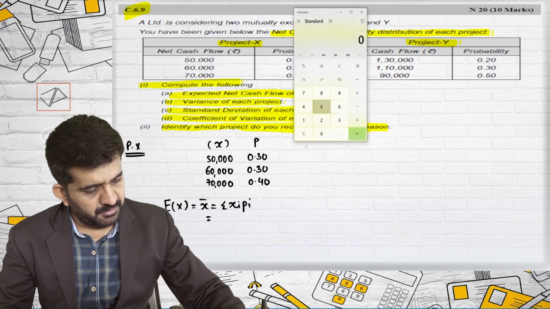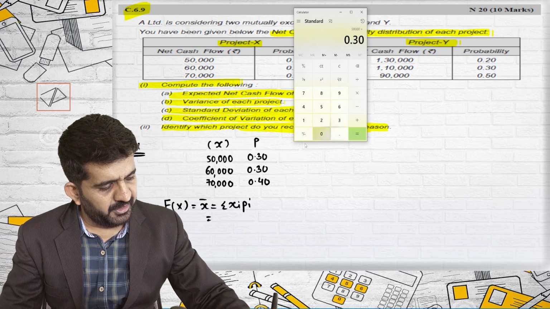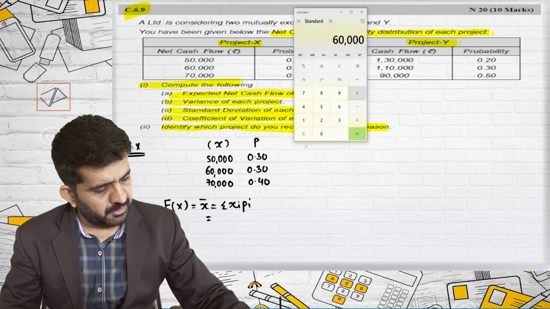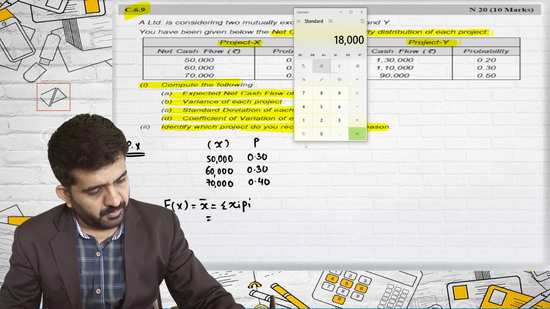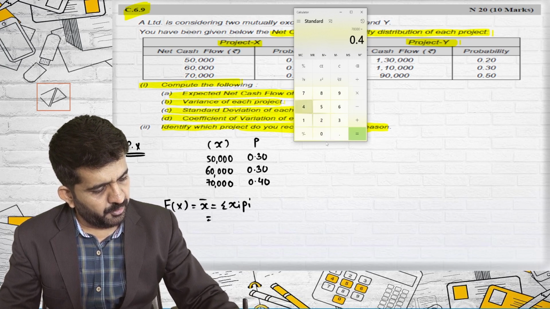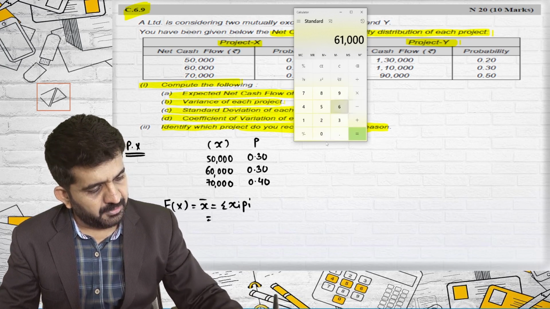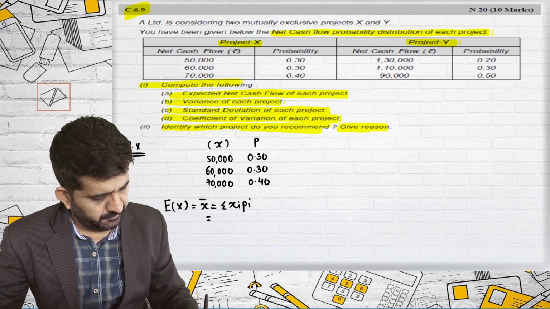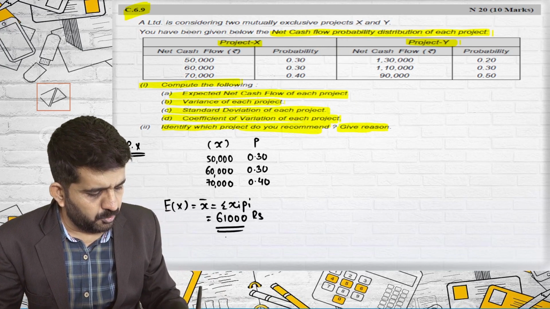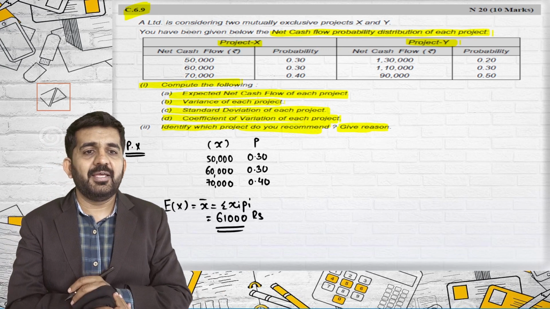So 50,000 into 0.3 plus 60,000 into 0.3 plus 70,000 into 0.4 is 61,000. 61,000 rupees cash flow is my average.